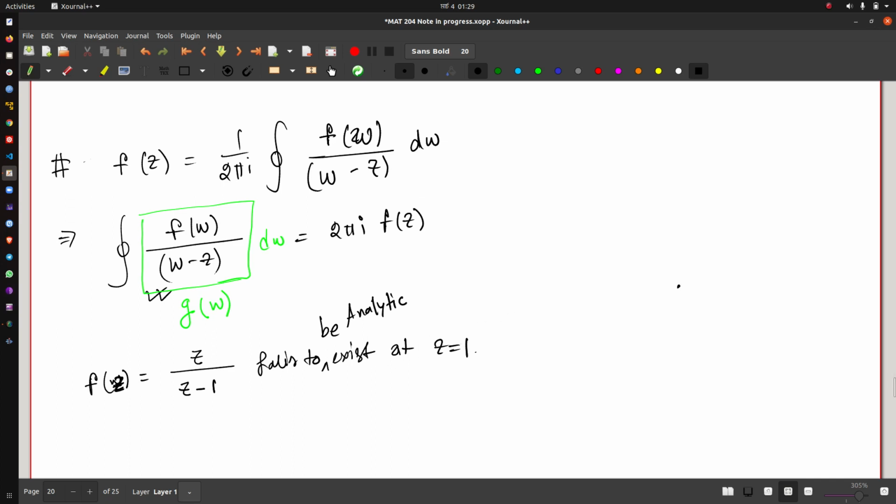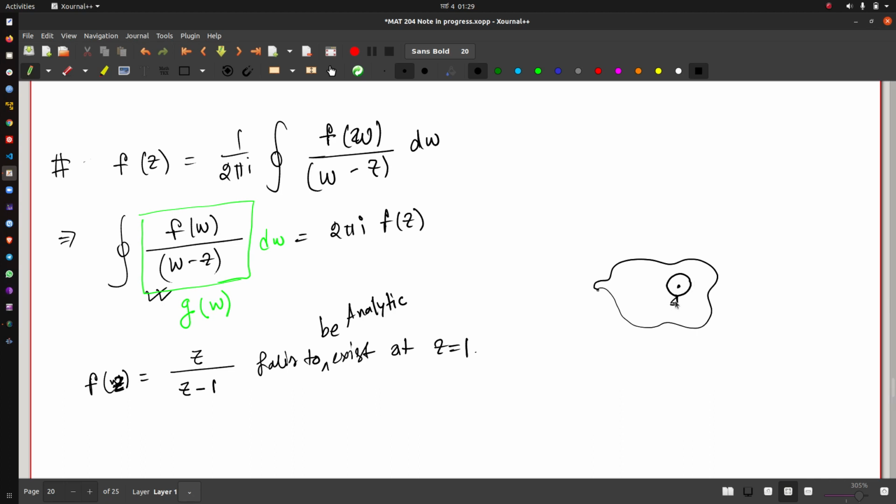So let's say this is the point of interest, the point 1, and we are integrating this f of z along such a contour that encloses this point. And obviously, instead of this arbitrary contour, we can make a contour around 1 which is a circle, right? We can deform the contour as long as we don't hit any points where the function itself fails to be analytic.